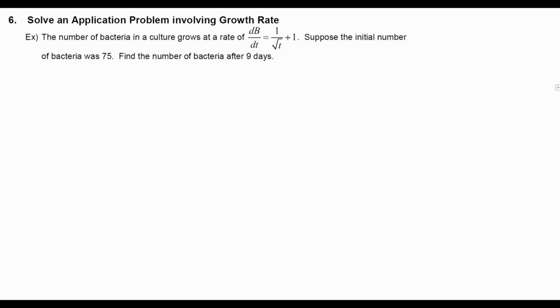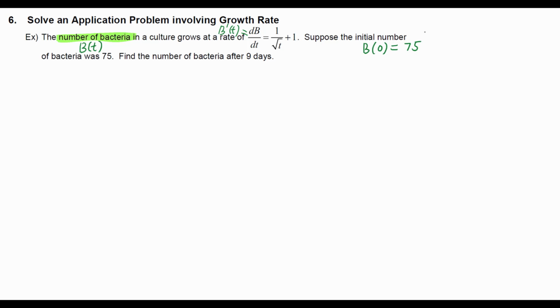You got it? So they gave us dB/dt, and we want to find out the b function, and the b function gives you the number of bacteria, b sub t. So I need to find b sub t given b prime of t, which is dB/dt, and they gave you the initial number of bacteria, which is b sub 0, and they said it is 75.